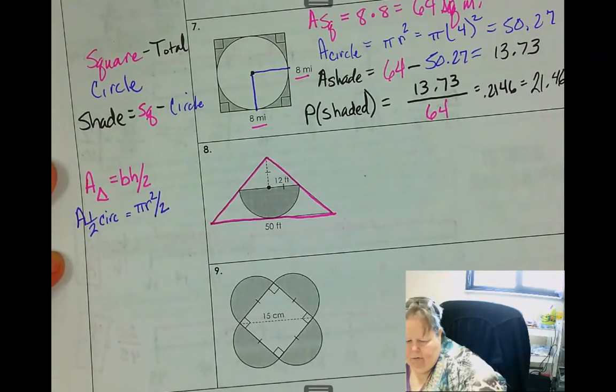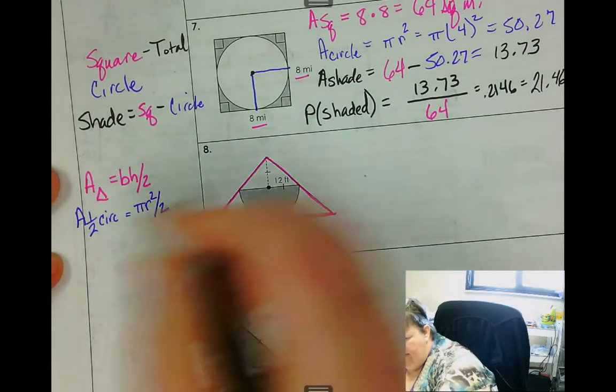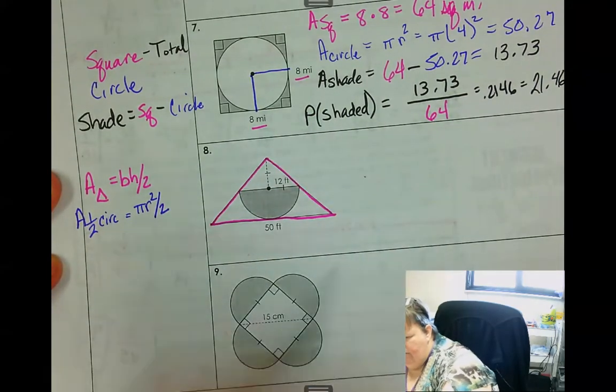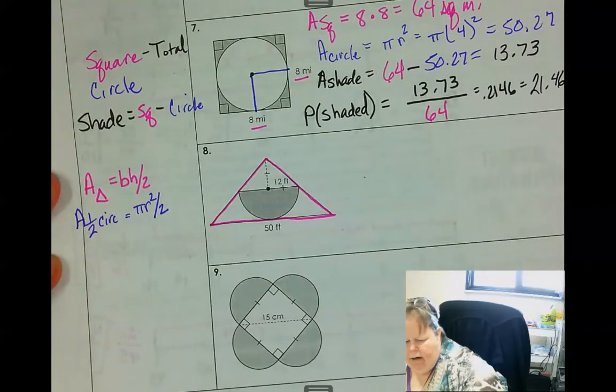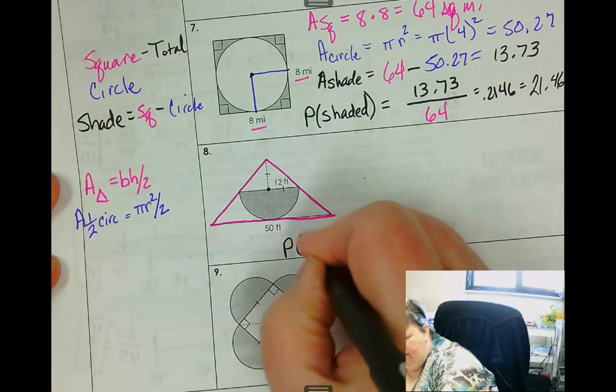Am I going to add or subtract? Well, the area of the shade is the semicircle, and the total is the triangle. So I don't need to do anything except find the probability of the shaded area.